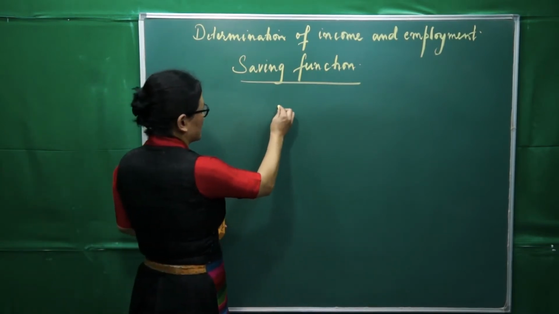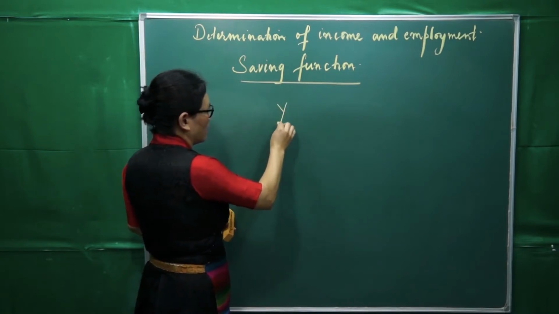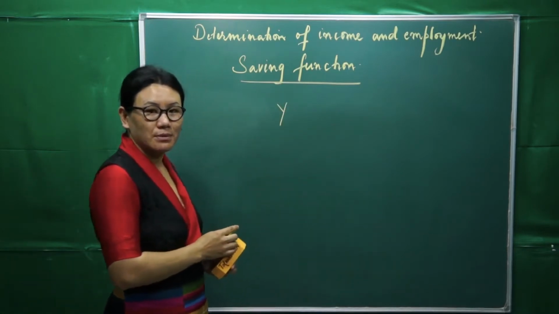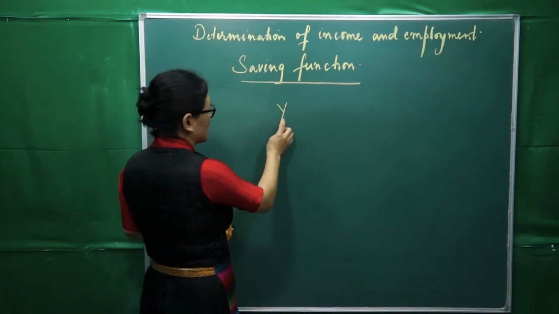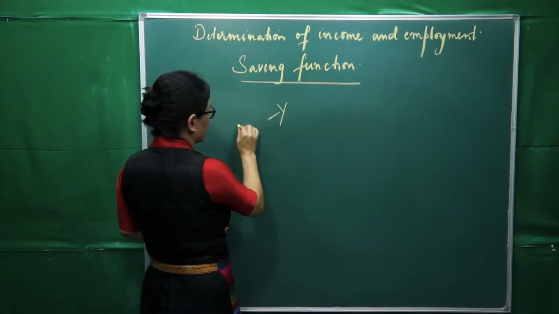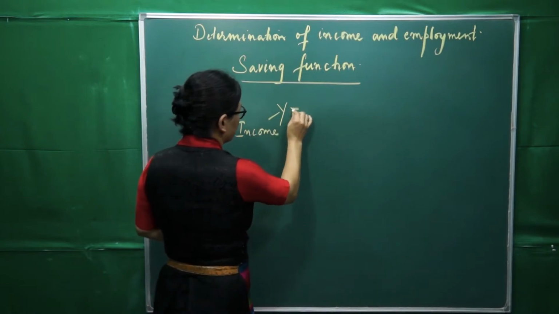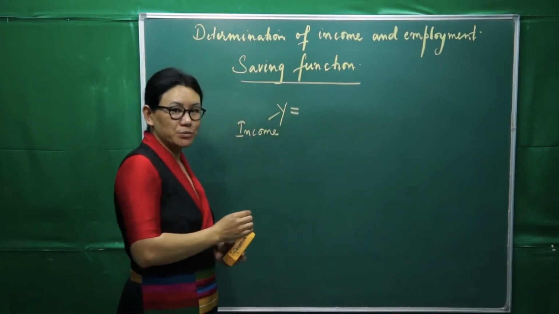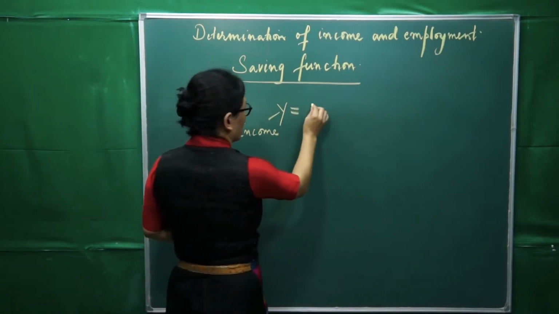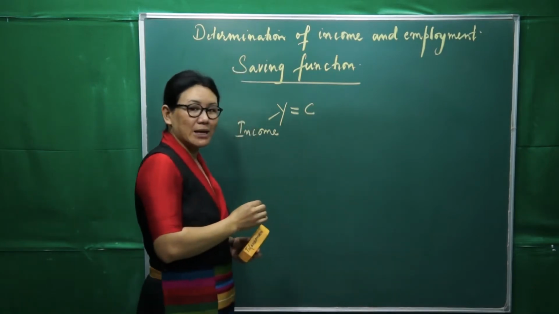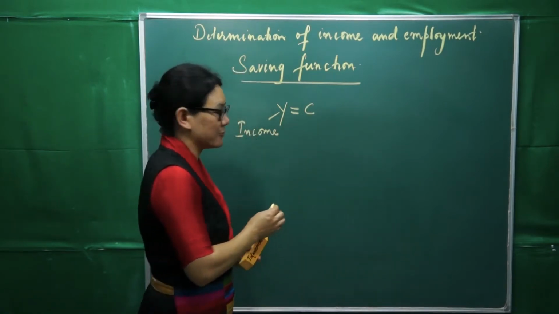Before we go into this saving function, let us see this. What is this? This is income. This income is consumed as well as saved.